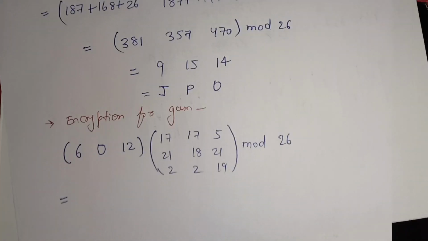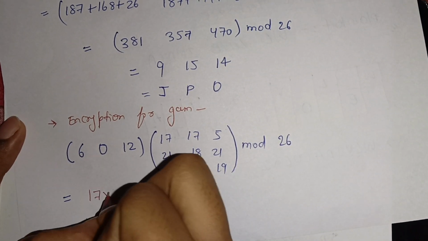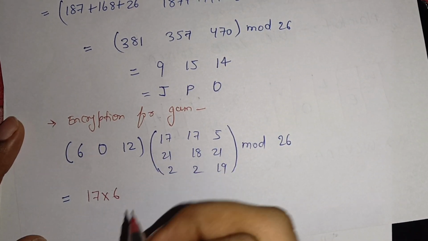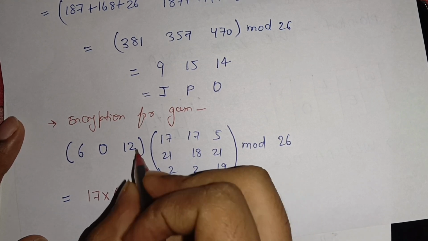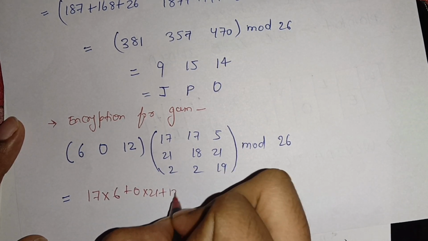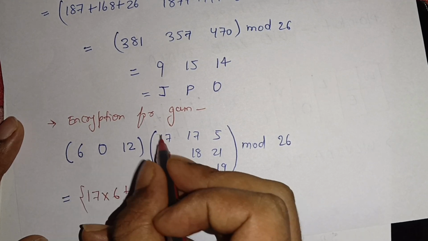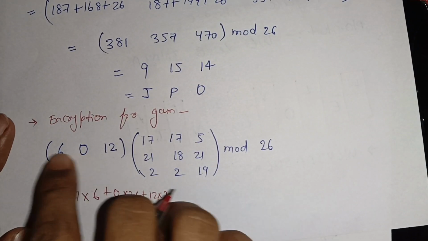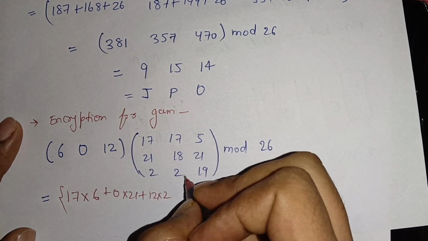Okay, so it will be 17 into 6 plus 0 into 21 plus 12 into 2. This is for the first one, this helper working. Then again 6 into 17 for the middle one we are doing.